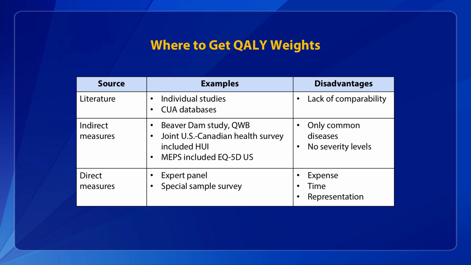They may not have included the same health outcome you are considering, and they may not have included the same severity levels. The direct measures we discussed should be elicited from general populations, but expert panels or special disease-specific samples are often used. Major disadvantages are costs, time to collect, and representativeness outside your study.